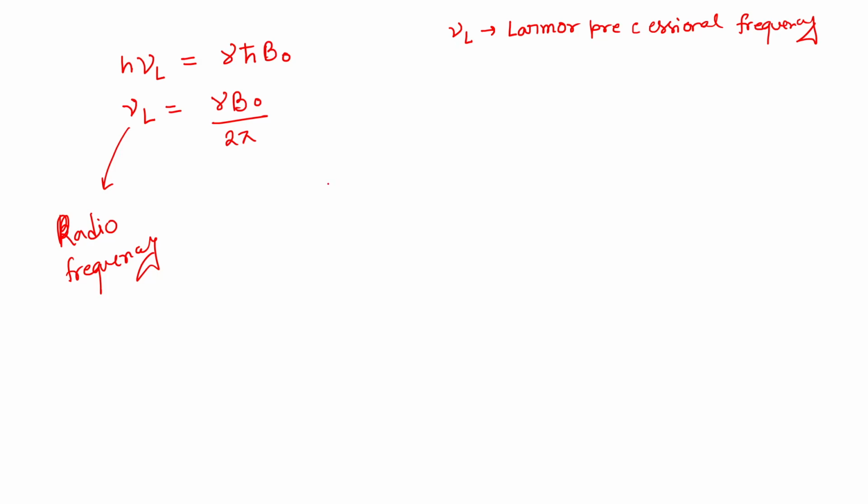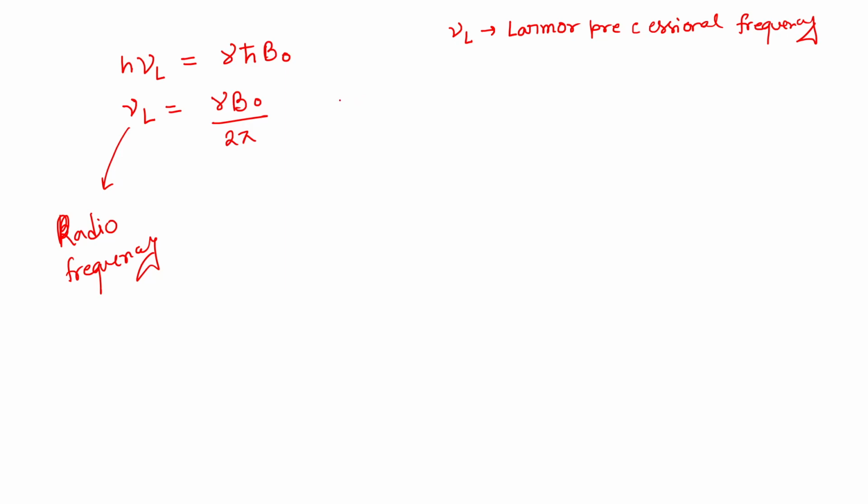In NMR machines you generally hear terms like a 300 megahertz NMR, a 500 megahertz or a 400 megahertz NMR. What does that mean? That refers to this radio frequency domain for a bare nucleus, and the magnet used for creating the external magnetic field corresponds to that frequency.